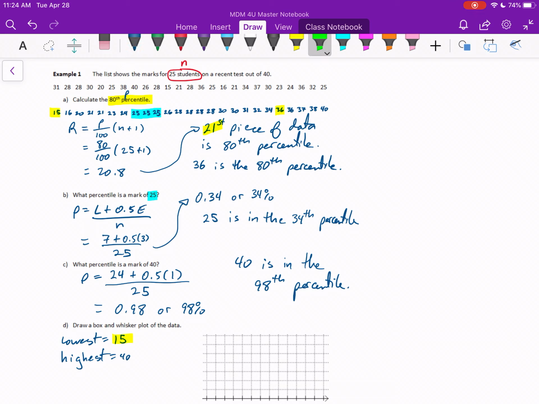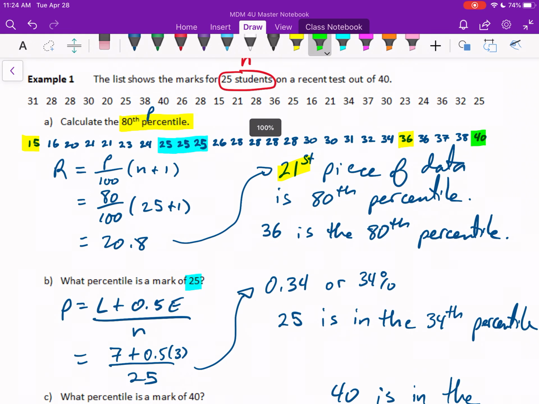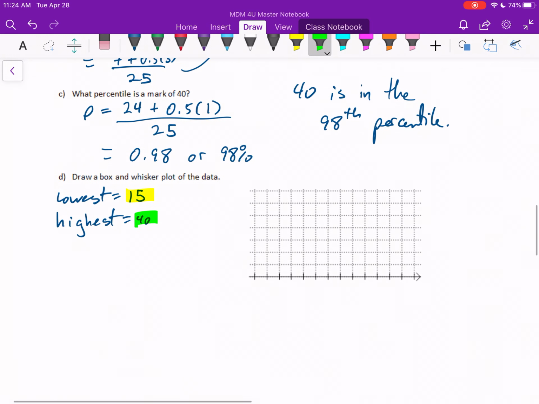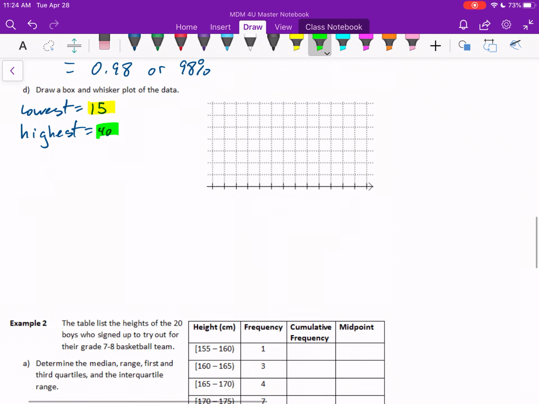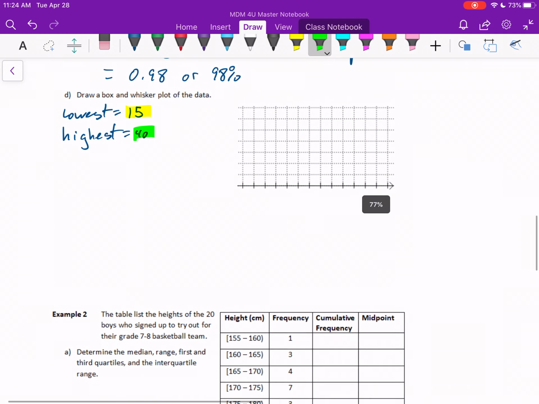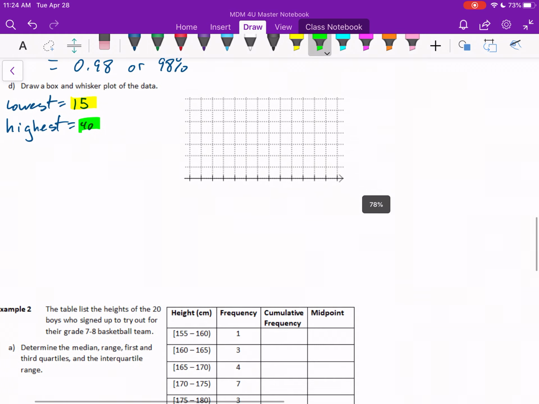Here's our highest, that was 40, on this list. So I can begin by just making a scale up on this grid, as long as it has enough space to get 15 to 40 on there, I'm good.